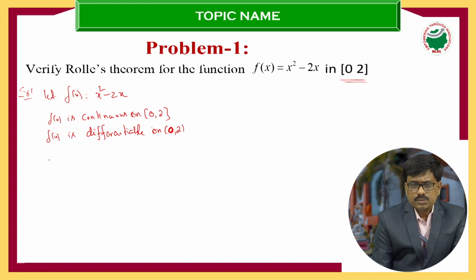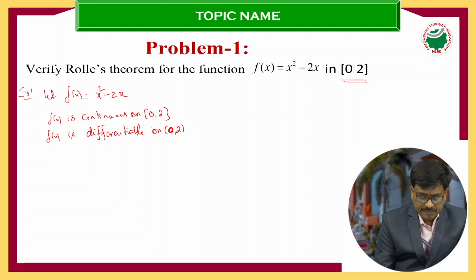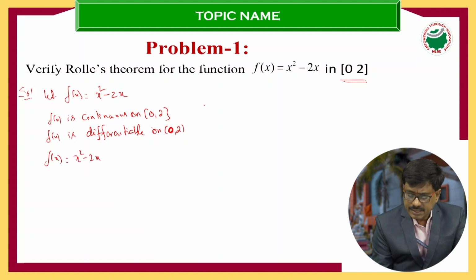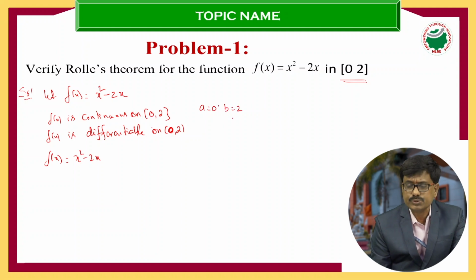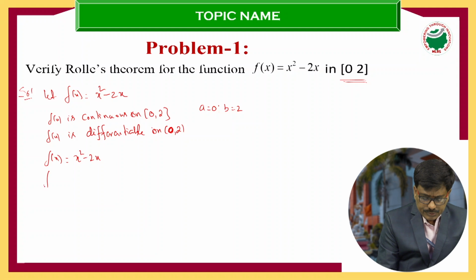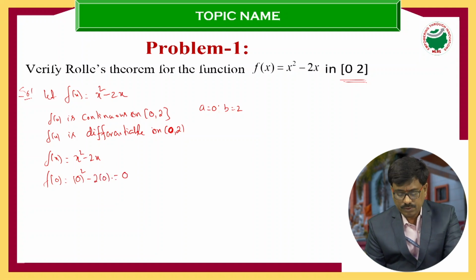Already we know the third condition: both f of A and f of B must be equal. What is f of x? f of x equals x square minus 2x. What is A in this case? A value is 0 and B value is 2. Let us substitute A equal to 0 in this polynomial function: 0 square minus 2 into 0, the resultant value is 0.